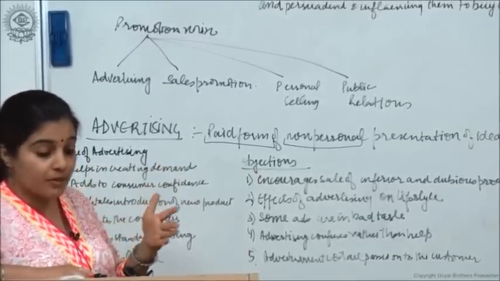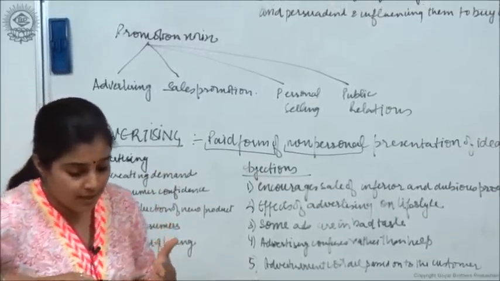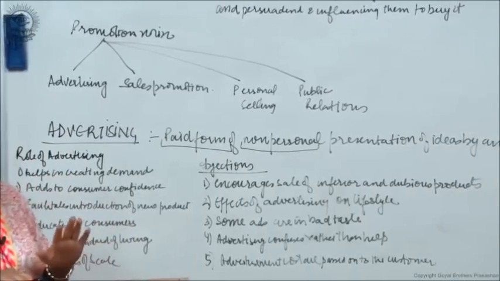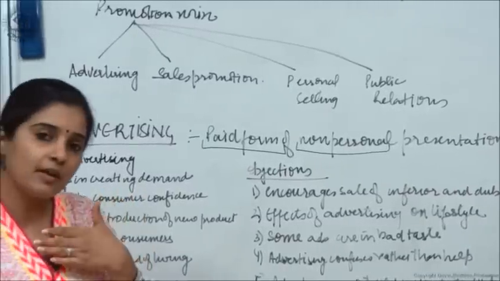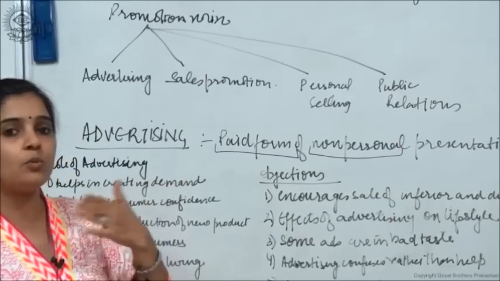When we say non-personal presentation, it means that it is directed at the mass audience and not at a single individual. The manufacturer is not coming in direct contact; it's not a one-to-one interaction.